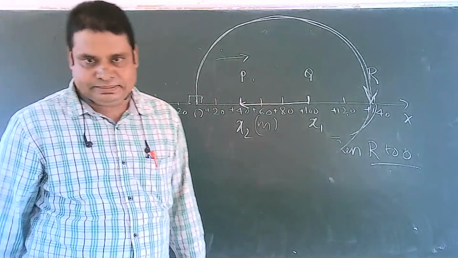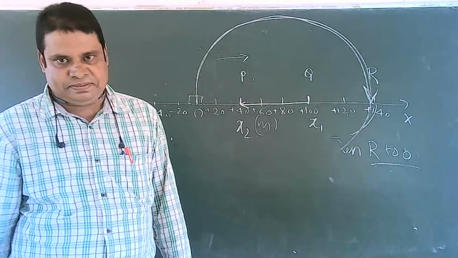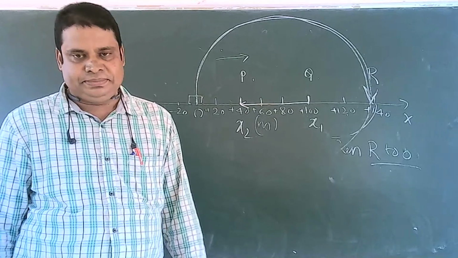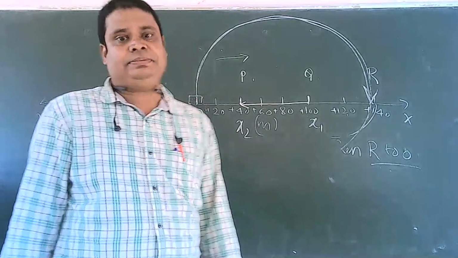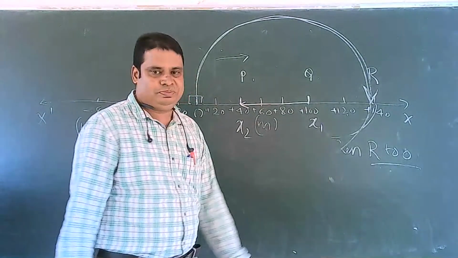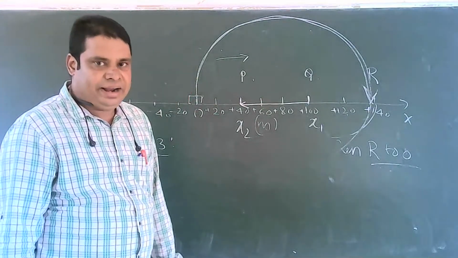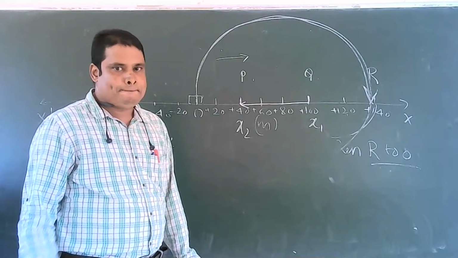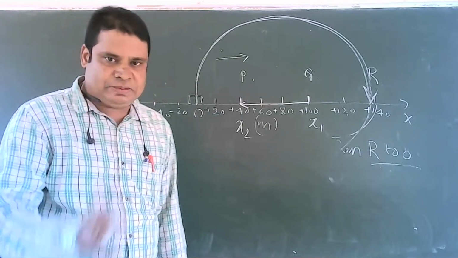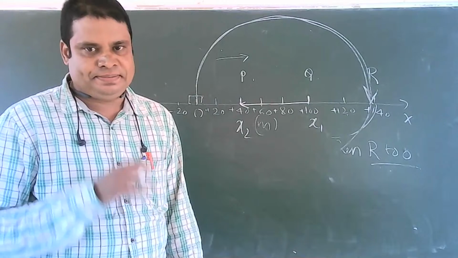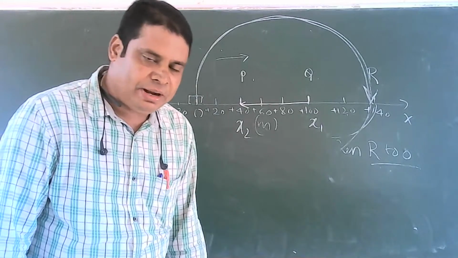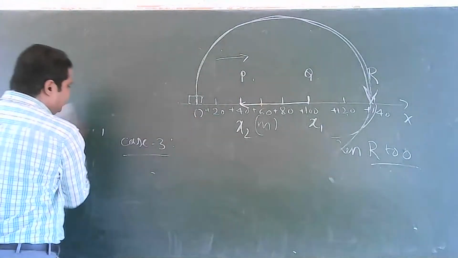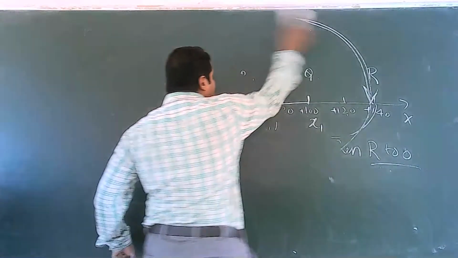Now, what is displacement and what is path length? It's homework. You have to do it. Let me repeat. Imagine your object is at Q and it's moving from Q to P. My question is, what is displacement and what is path length? I think this is enough about displacement and path length.